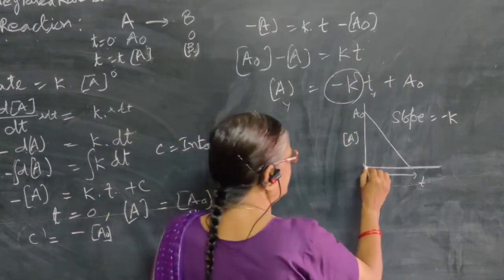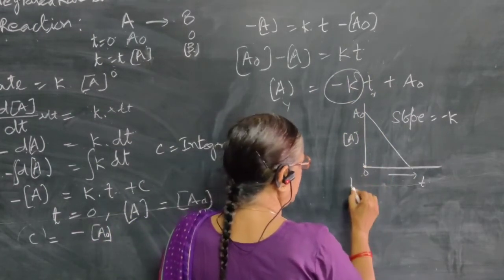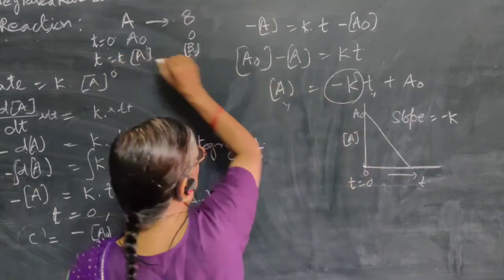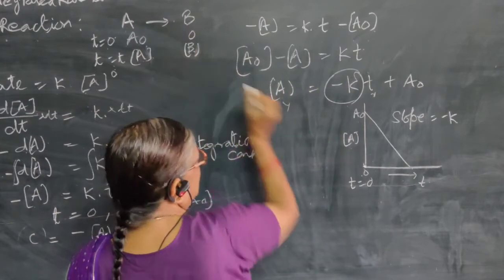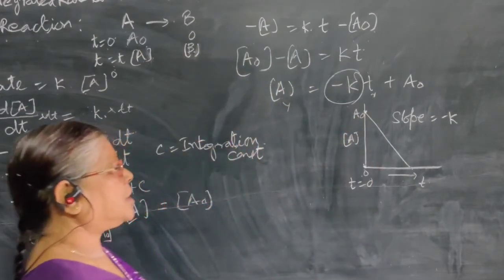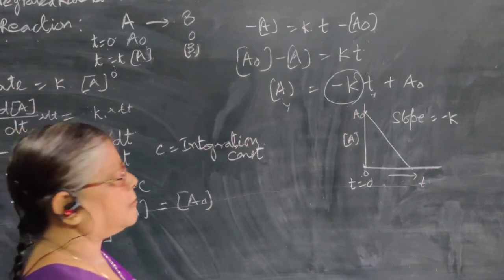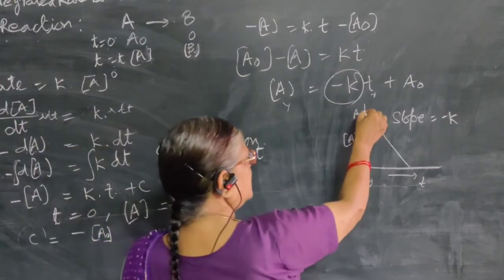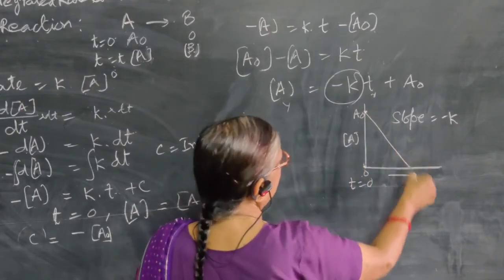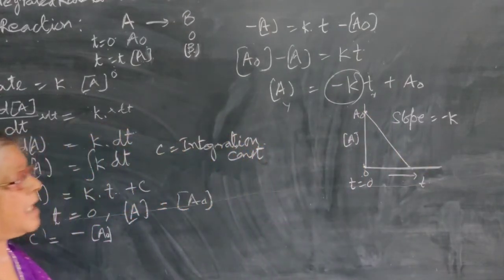This is time t, here we can write t is equal to 0. When you put t is equal to 0, the concentration will be equal to A0. So this shows the concentration of the reactant is A0. This is the equation for the line, and you will get a straight line for the zero order reaction.